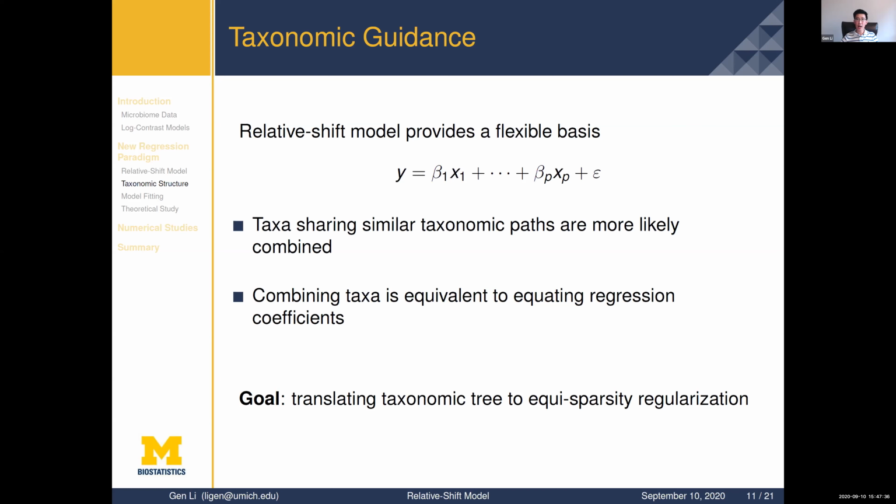And recall that in our relative shift model, combining taxa is essentially equivalent to equating regression coefficients. So all we need to do is to come up with a way to translate the original taxonomic tree to some equisparsity regularization. Once we have that equisparsity regularization induced by the tree, we essentially can incorporate that tree structure into the regression.